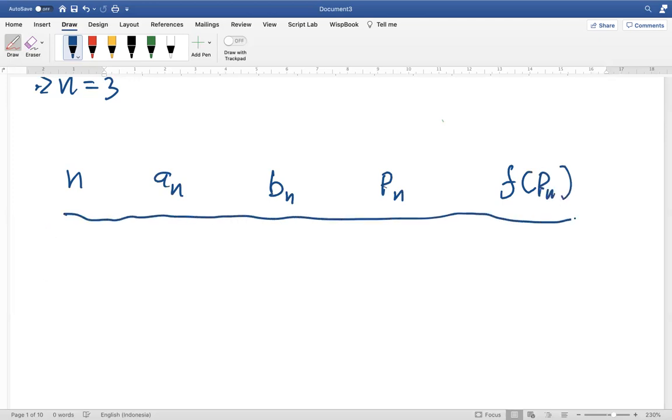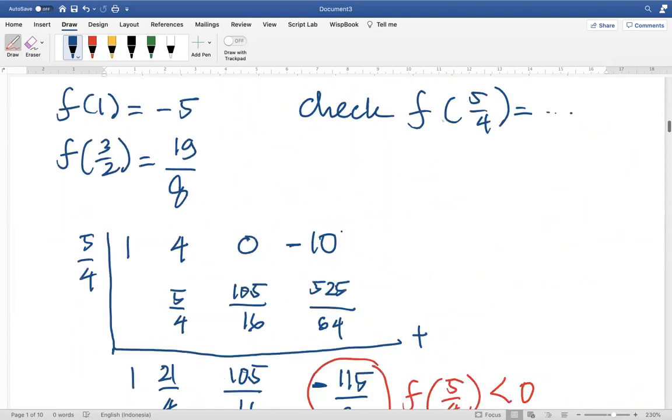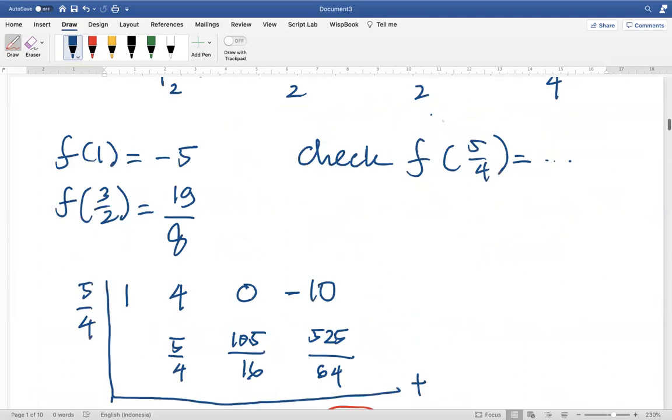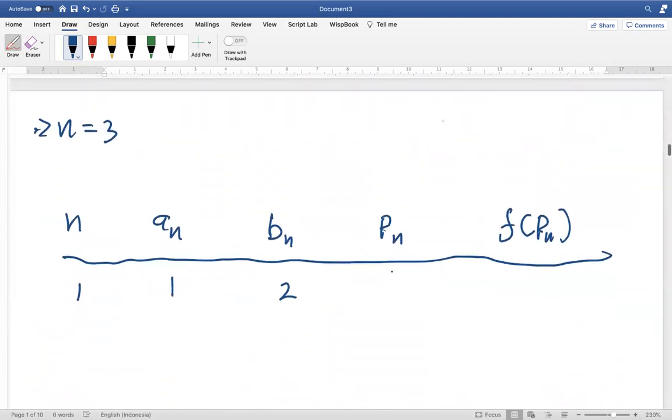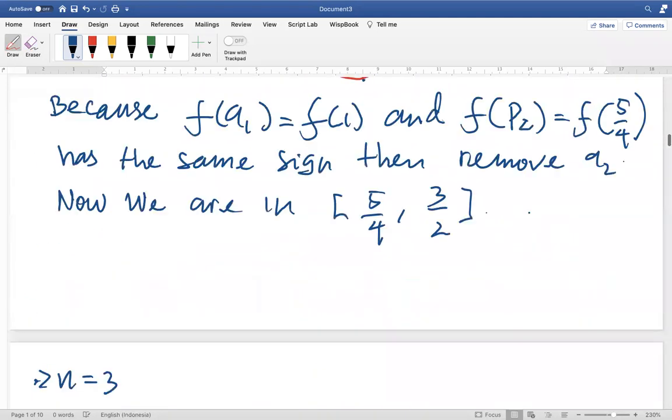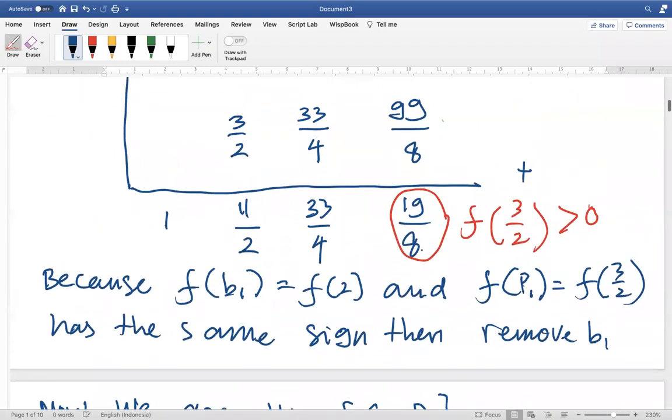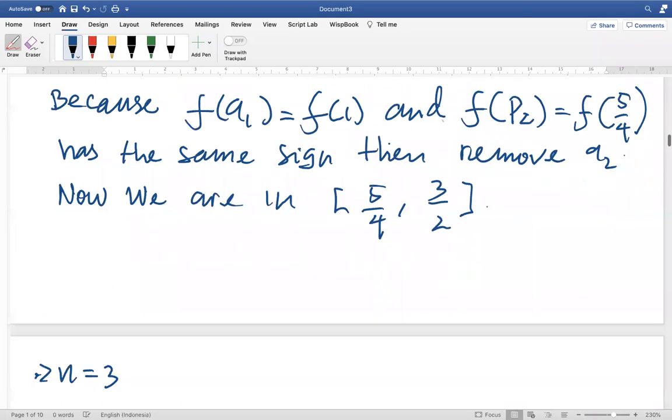Currently we have n equal 1. A1 is 1, B1 is 2, P1 is 3/2, and f(P1) is 19/8.